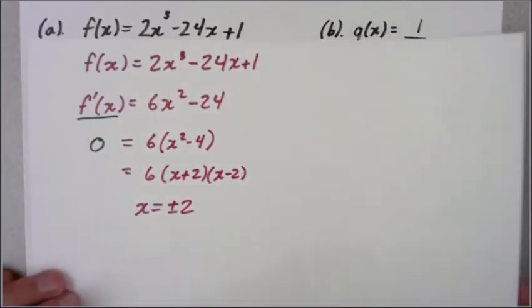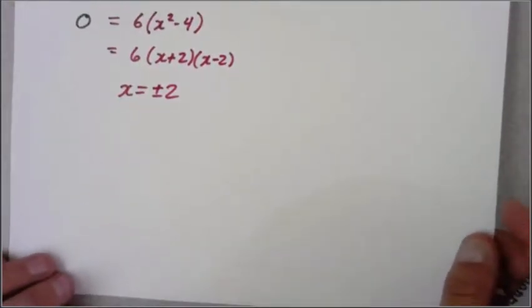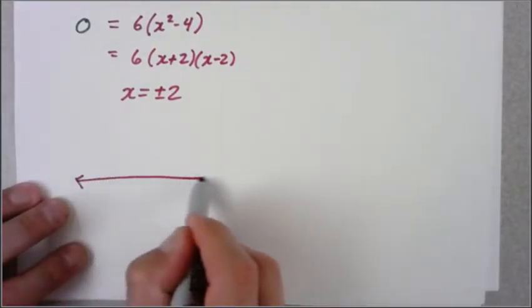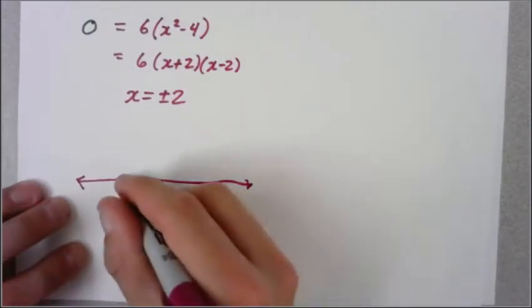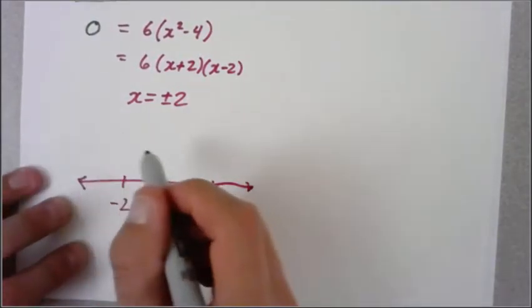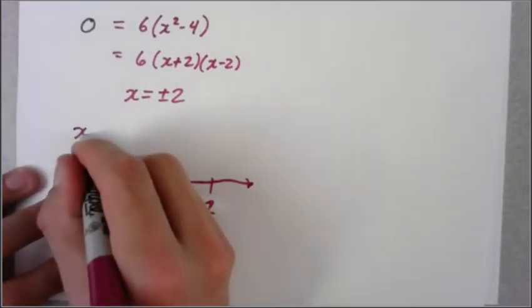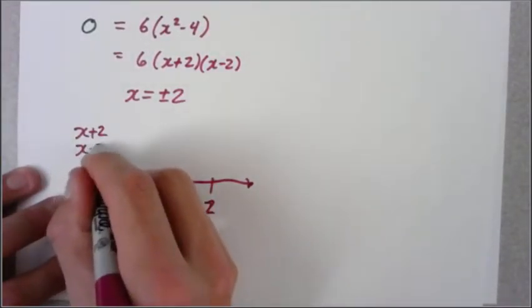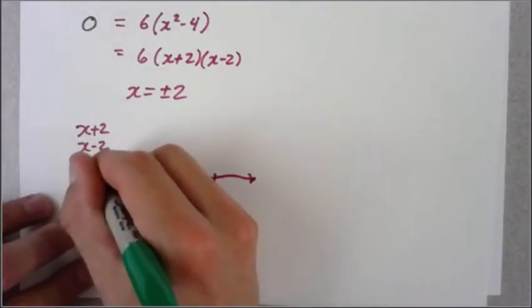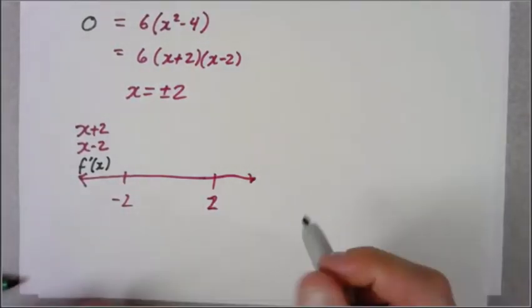Now we're going to create a number line. This differs by whoever's teaching it, really. I've got negative 2 and 2, and I'm going to put x plus 2 here, x minus 2, and then the value of our derivative. Let's pick a value.